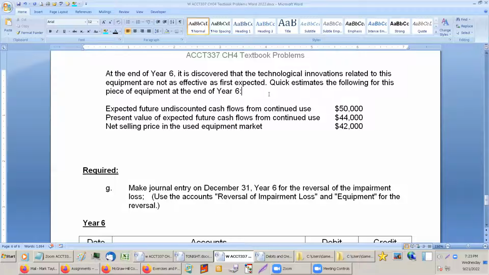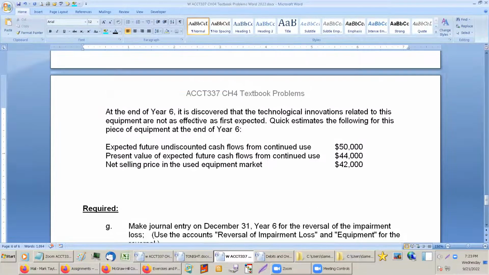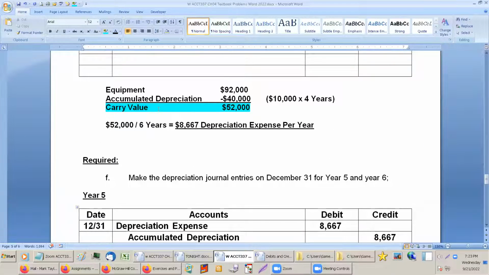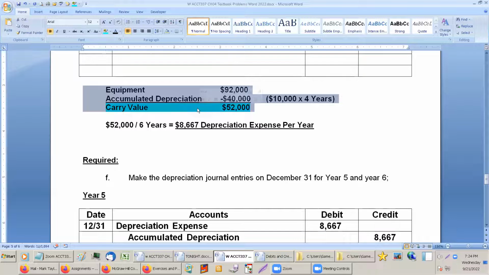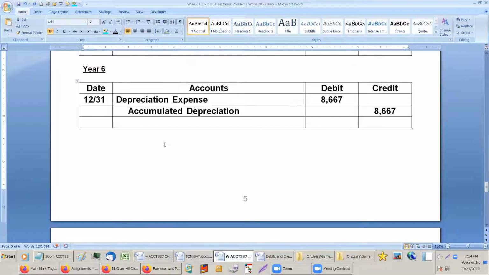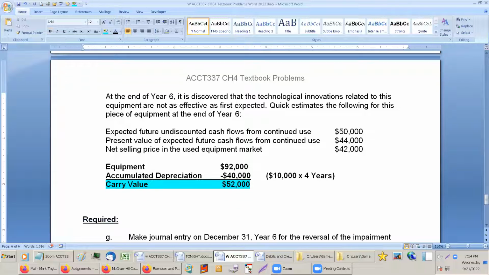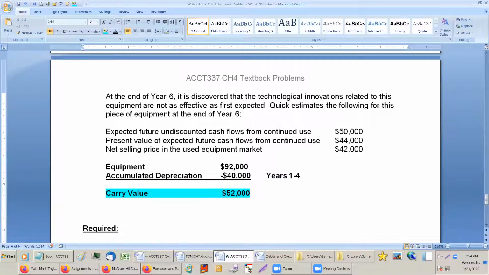Okay. So year end, we come up with these numbers. So what we have to do now, yet again, is find the carry value. Okay. So years 1 through 4, it was 40,000.